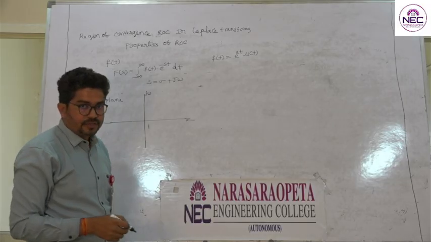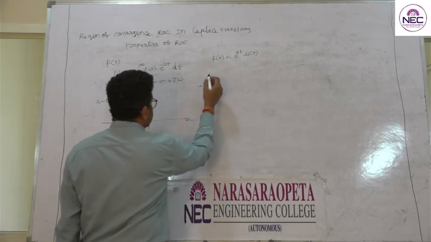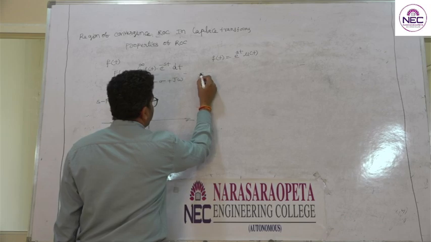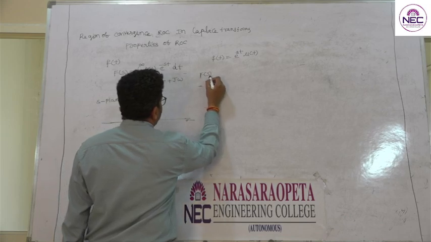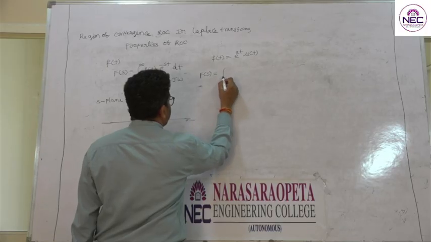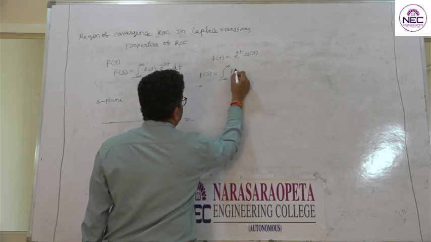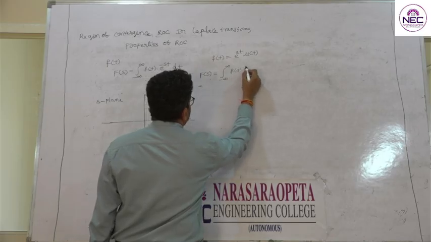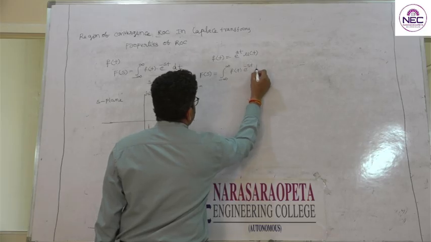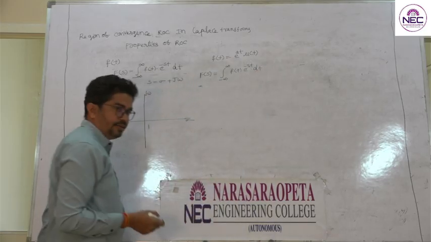Here F of s, the transform of f of t, equals the integral from minus infinity to infinity of f of t into e power minus st into dt.